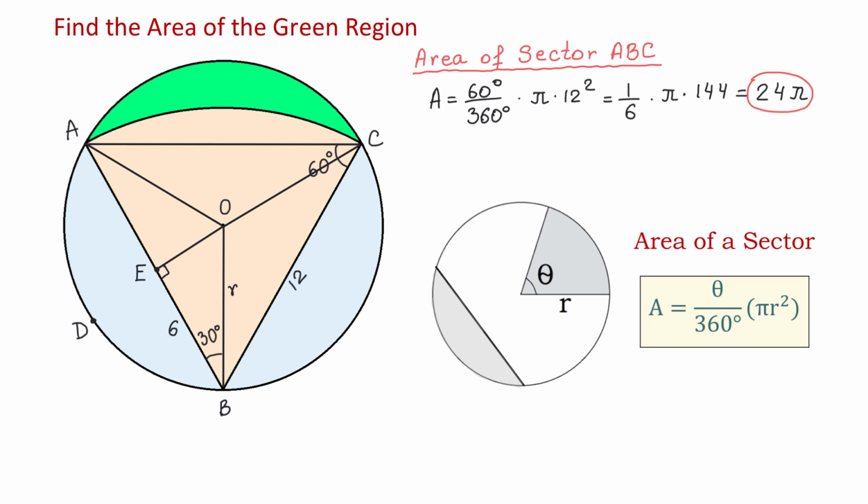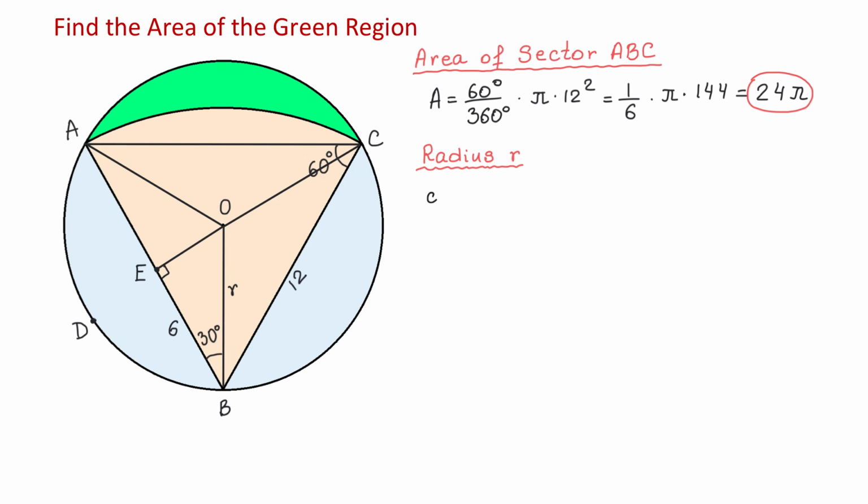Now, to find the radius of the circle, we will use the cosine function. We will write that cosine of 30 degrees equals the adjacent side 6 divided by hypotenuse r. So again, cosine of 30 degrees equals 6 over r.